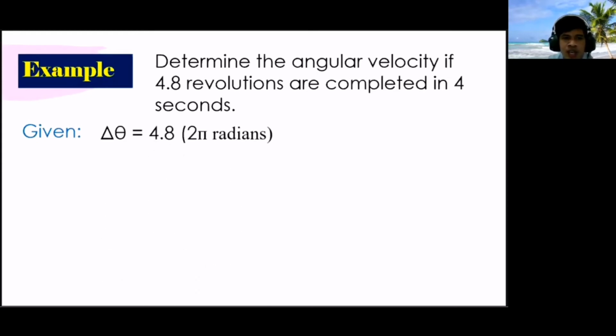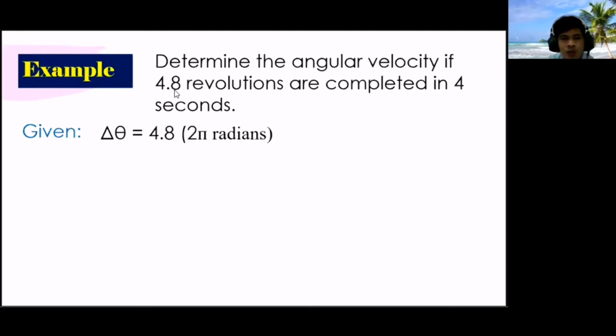First, we can use the change in angular displacement. We know that 1 revolution or 360 degrees is equivalent to 2 pi radians, right? In your mathematics, 360 degrees is equivalent to 2 pi radians.